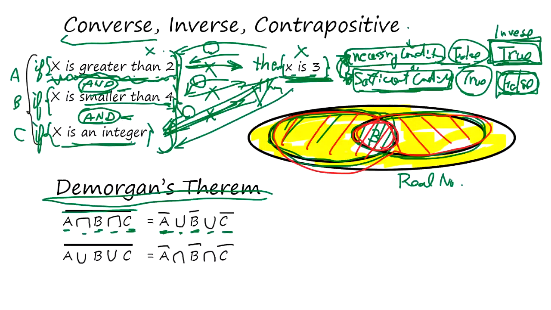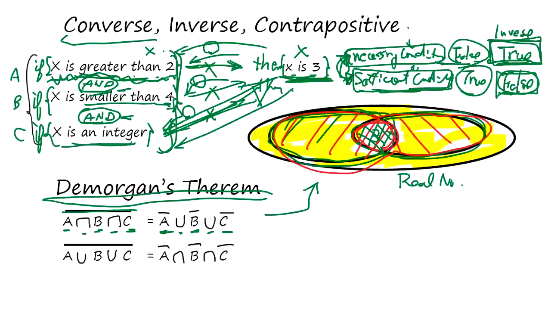Which is the same as denying A and denying B and denying C. So remaining is only this part. So De Morgan's theorem is obviously correct using a Venn diagram. The Venn diagram shows De Morgan's theorem is correct.